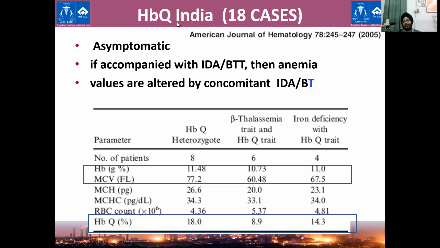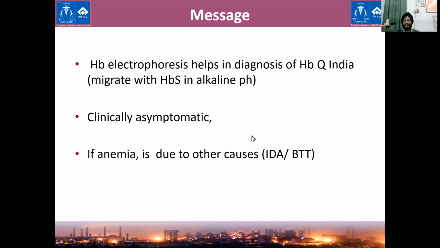There is a beautiful paper from AIIMS. They had looked at the cases of Q India along with IDA, and along with beta thalassemia trait, and they have proven that yes, iron deficiency anemia can cause low Hb, and we should correct it and then look at the tracing and the patient's profile.